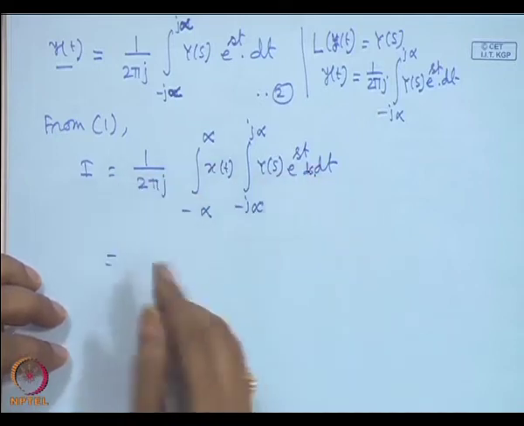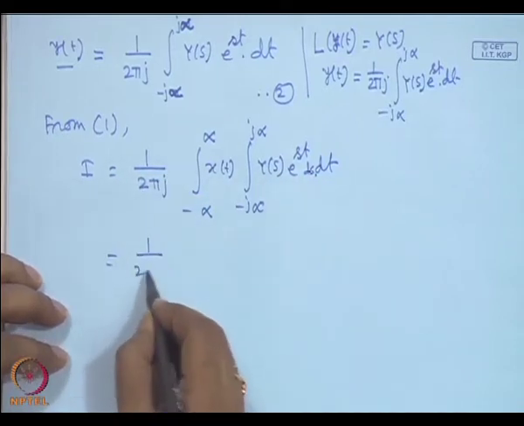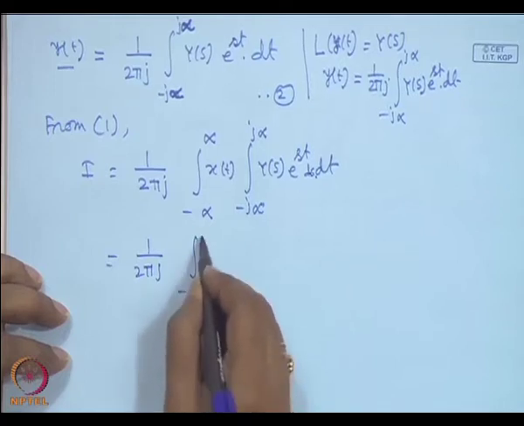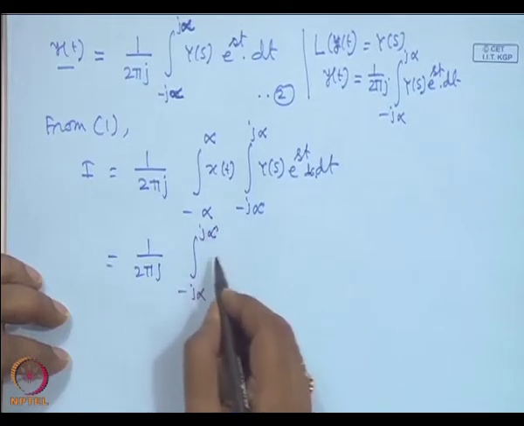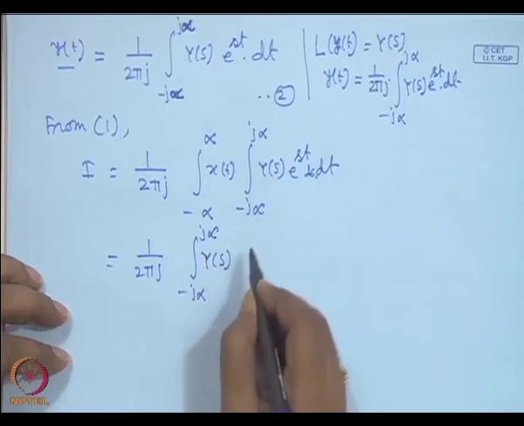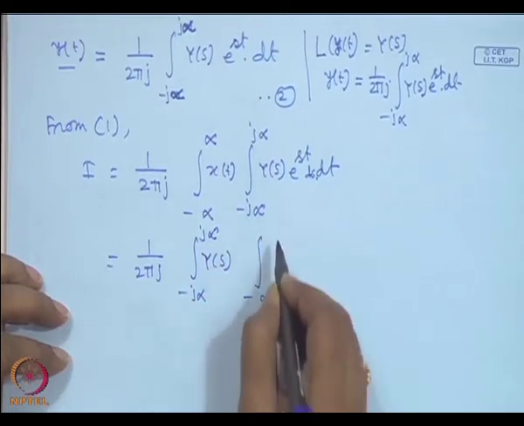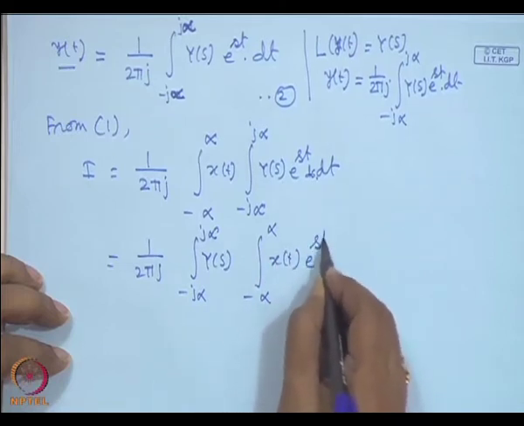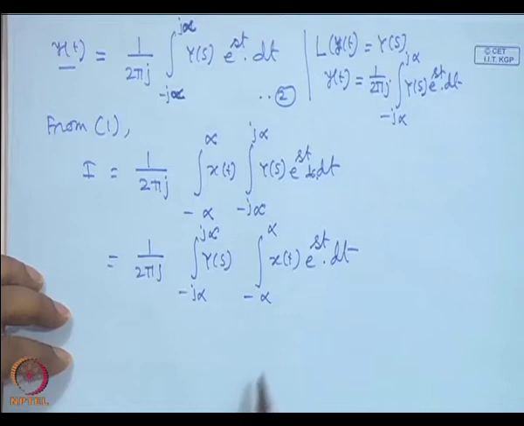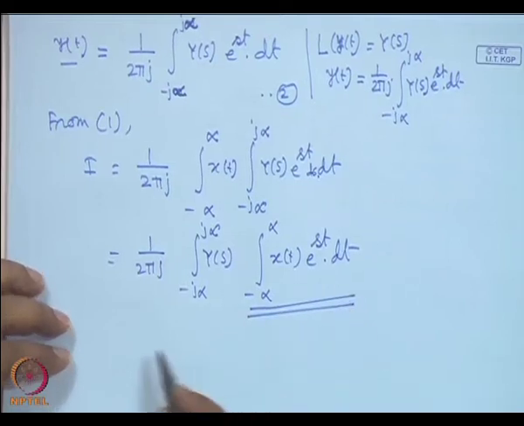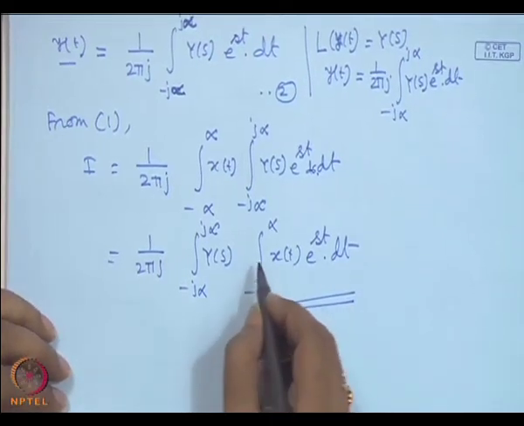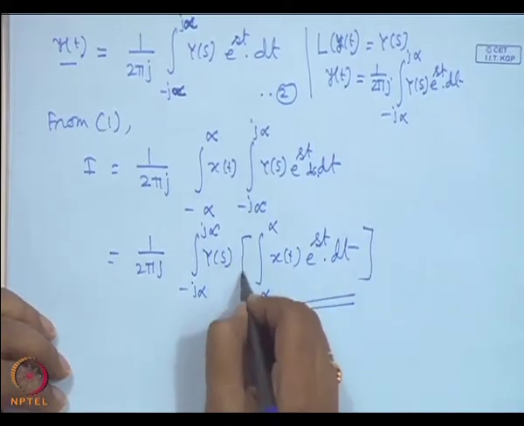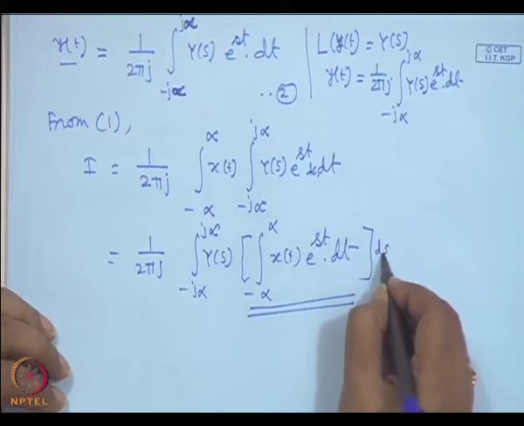By rearranging this, we get the integral over s of y of s times the integral from minus infinity to plus infinity of x of t e to the power s t dt. By the definition of the Laplace transform, this equals this, and we are left with ds.